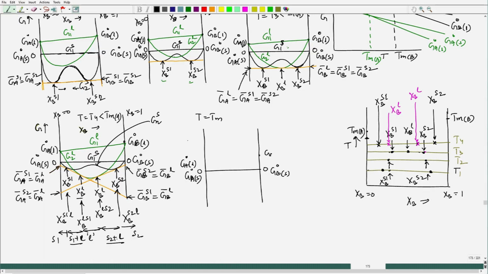Now, here it will be G B naught for liquid, this is G1 of liquid, and the liquid free energy line would be steep downward, and the solid line would be like this. So, this is G2 of solid, this is G1 of solid. X B is varying this way, X B equal to 1, X B equal to 0.